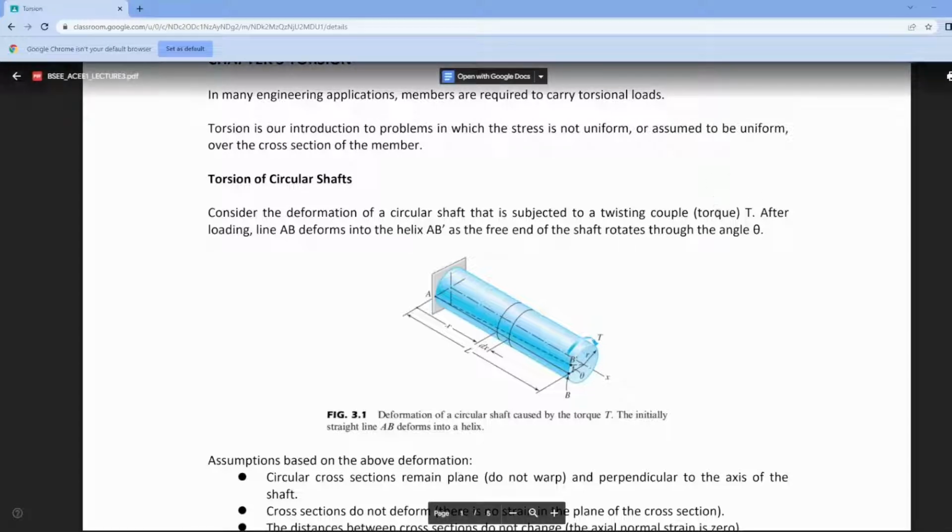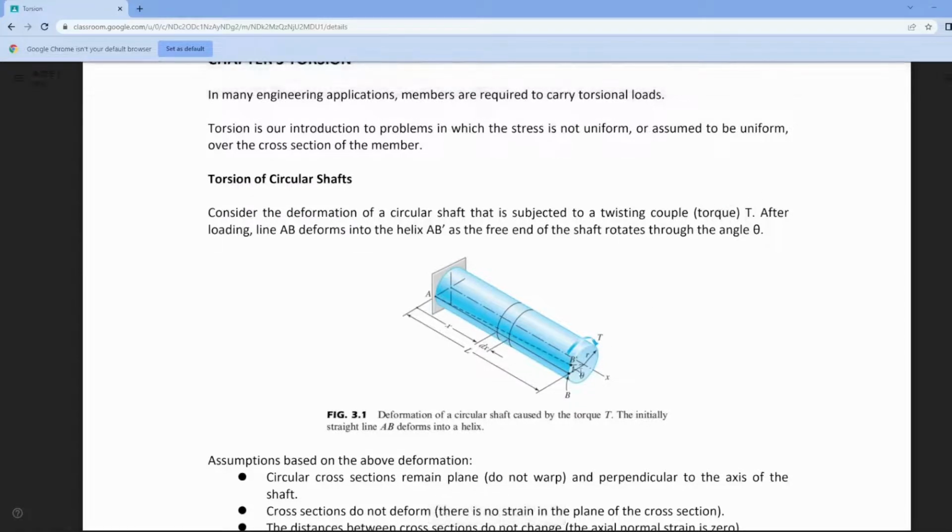Because of torque T, this surface rotated at an angle theta. So now point B is here, B prime. This is an example of how torque deforms your body.